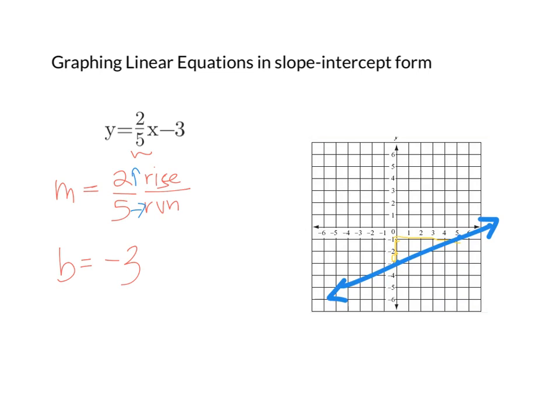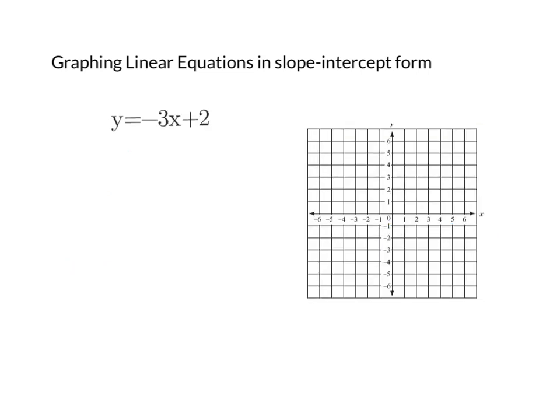We'll try another example with a negative slope. Here we have y equals negative 3x plus 2. I notice something right away: my slope is negative 3, which is an integer, and I'm used to working with fractions because it's rise over run. Any number is equivalent to the same number divided by 1, so if I wanted to force this to be a fraction, I'll just divide it by 1.